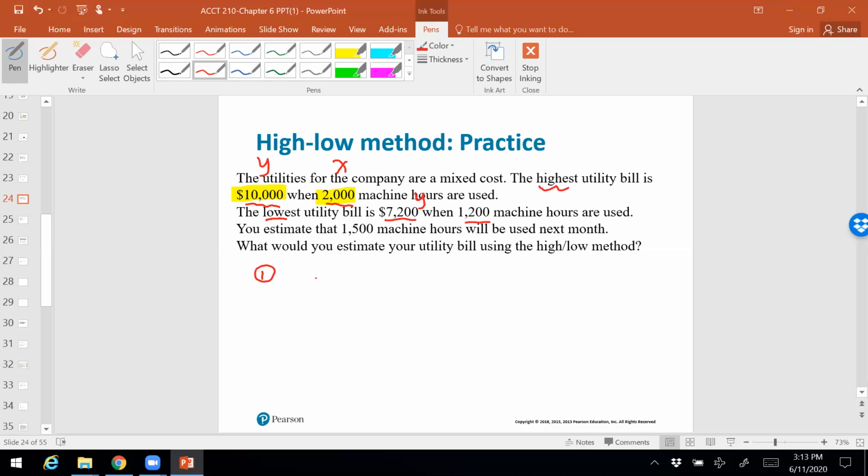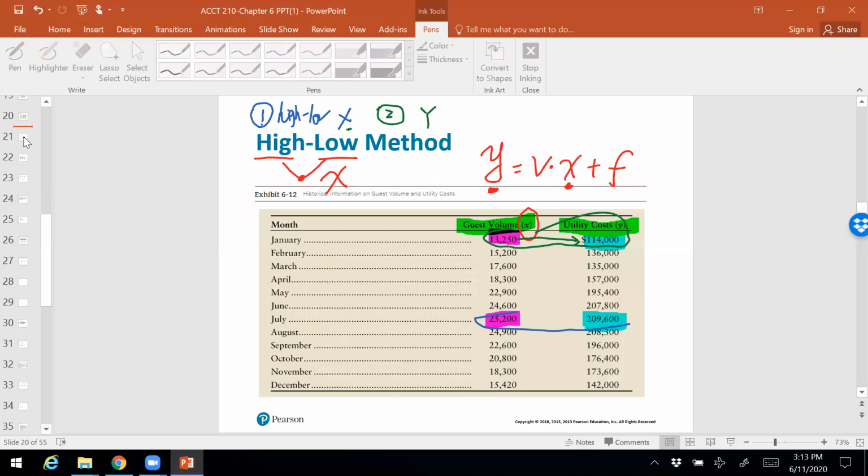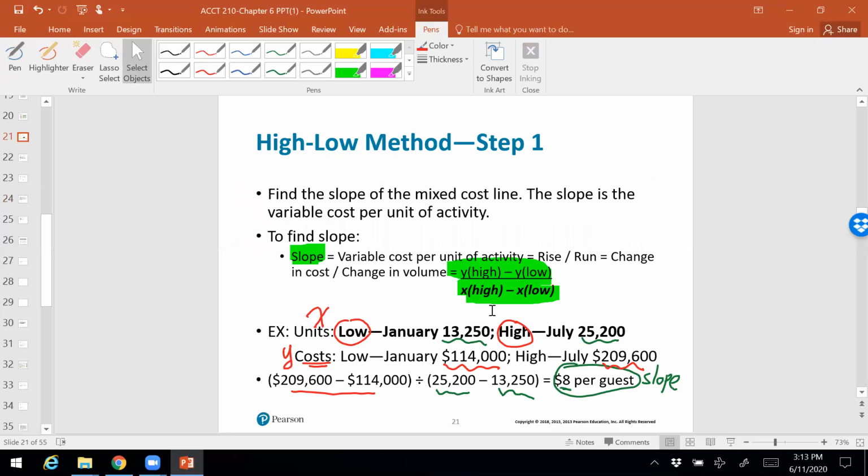And then how do we get it? Now, our slope will be the high y minus low y divided by high x minus low x. I don't want to write it. So you can find the equation here. I'm not going to repeat the formula because I'm afraid the pen will give me trouble.